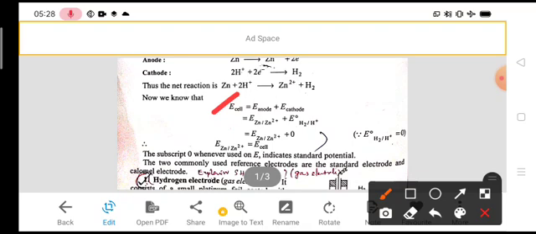Once again, E cell is equal to E anode plus E cathode, where E anode is the oxidation potential and E cathode is the reduction potential.